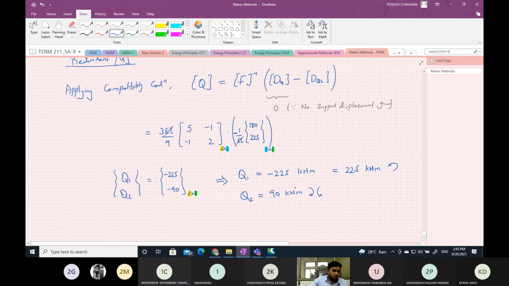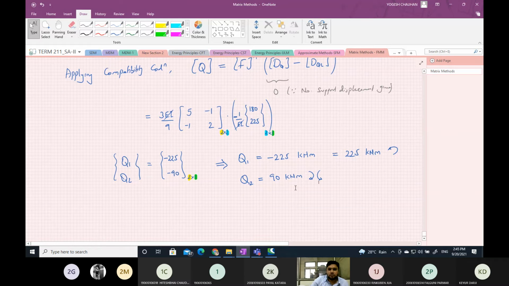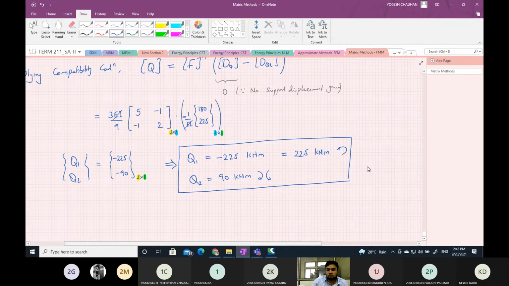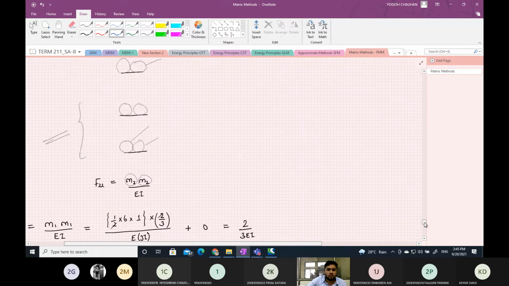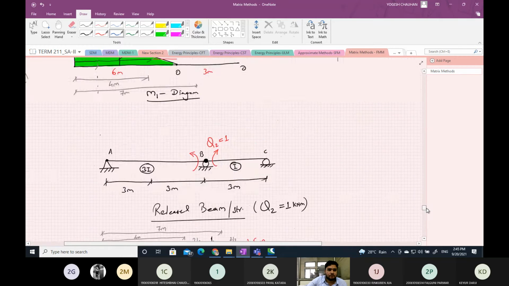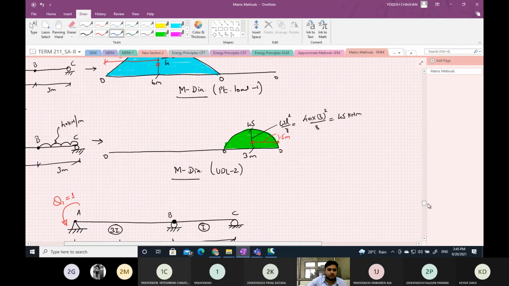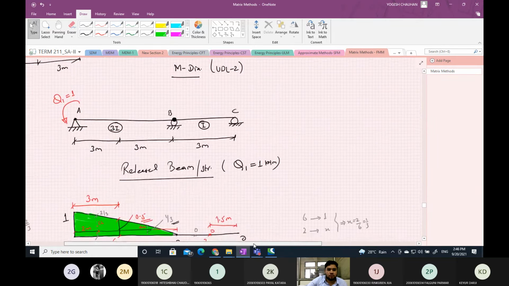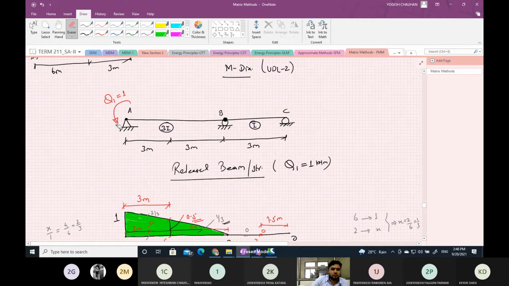So these are the primary unknowns. This Q1 is actually clockwise.